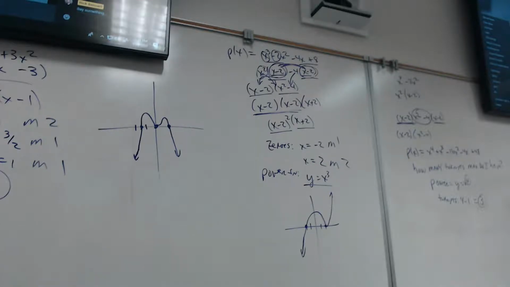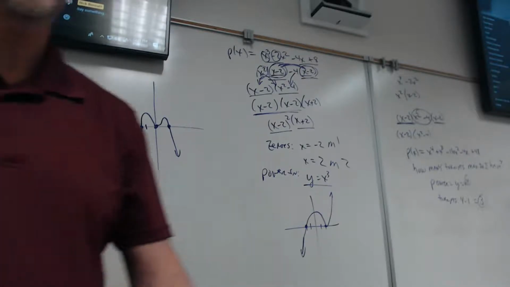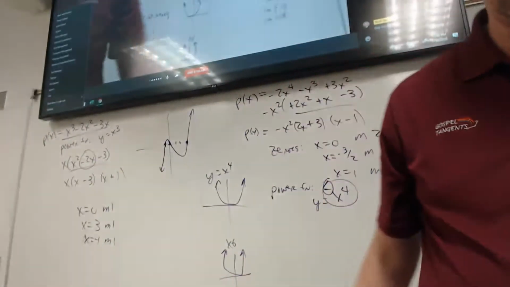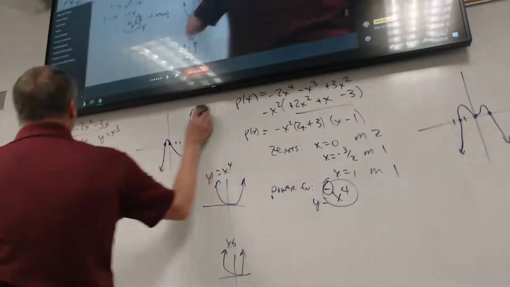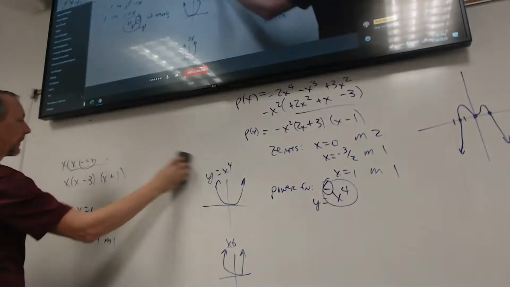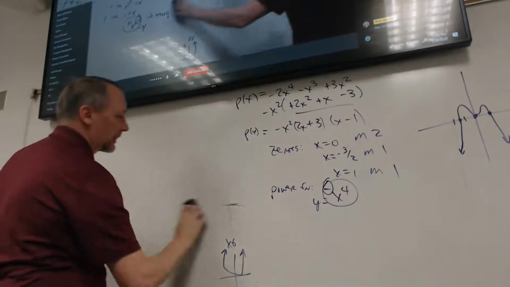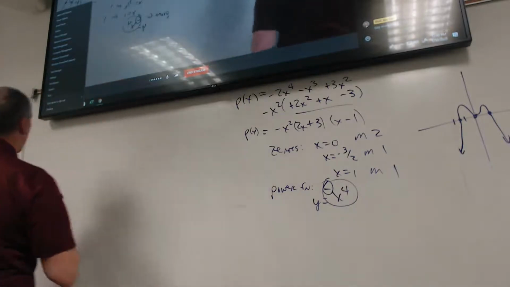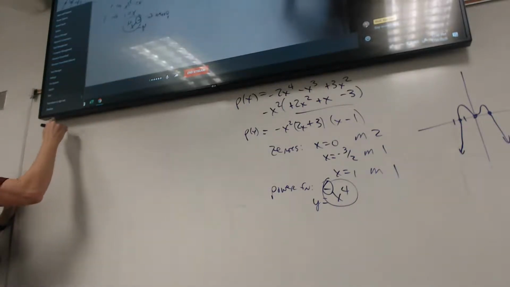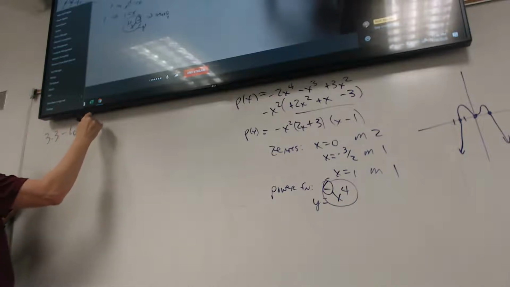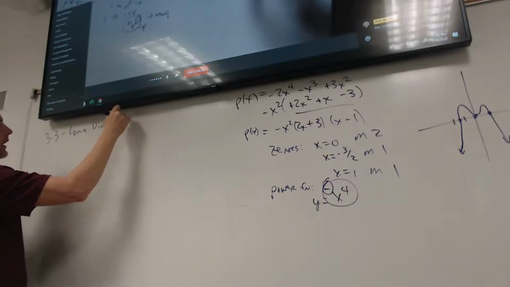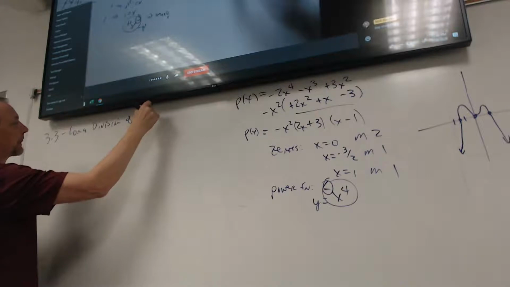I do know that 3.3 is a little long, so this is going to be good to get started on it. We're not going to do much, but we're going to do enough here. So what I'd like to do is to do some long division. Okay. So 3.3, we're going to do long division of polynomials.